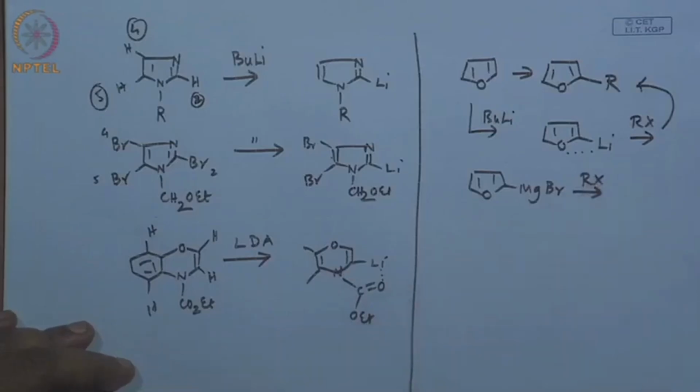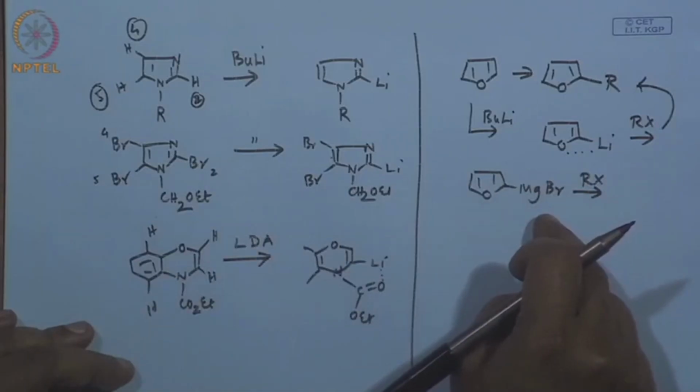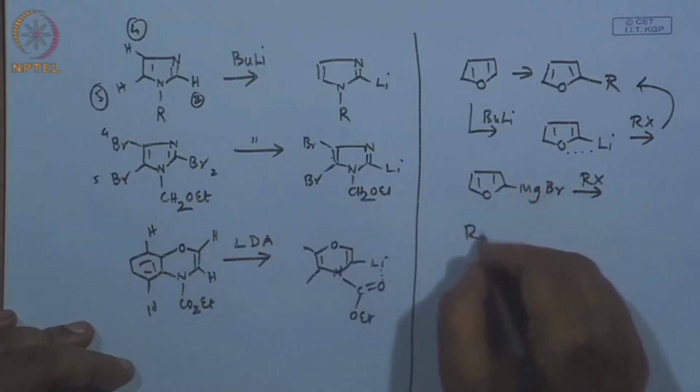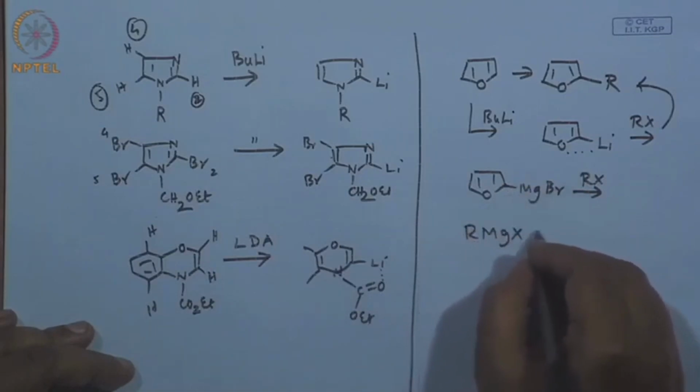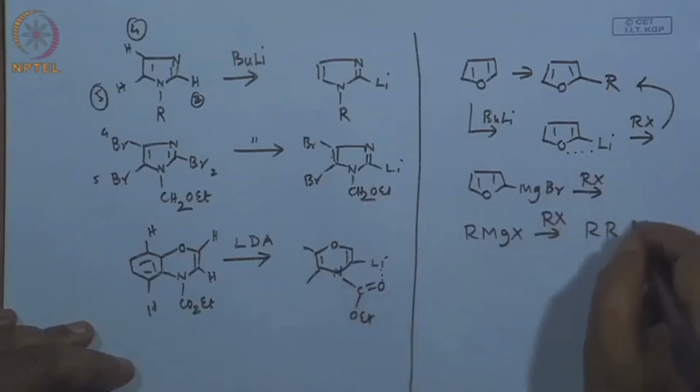But think of a reaction, for example, would you expect a reaction? It is less reactive than organolithiums, and in most cases, if you have, let us say, RMgX and X, then this sort of reaction is very poor.